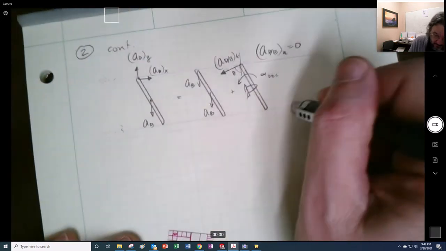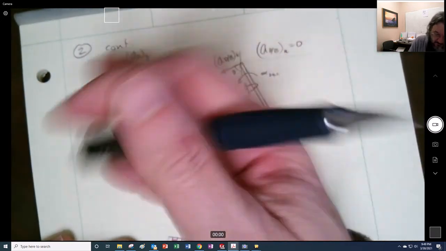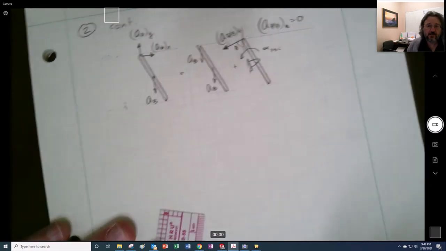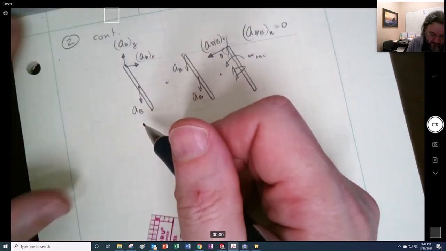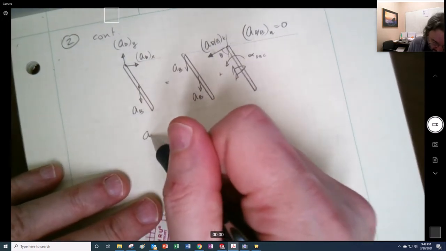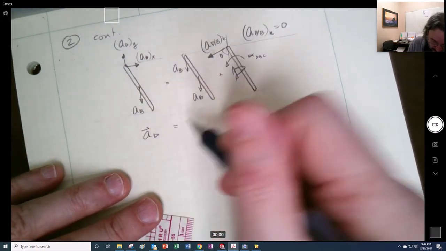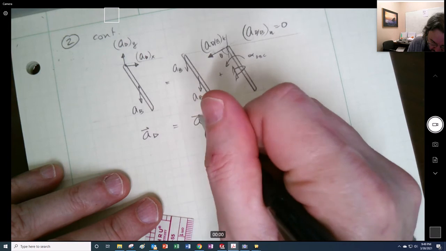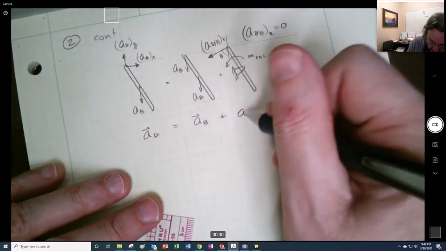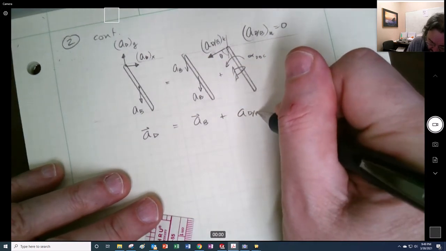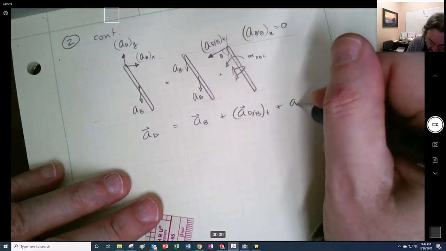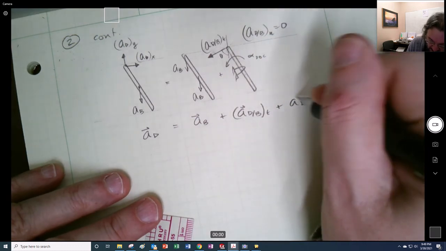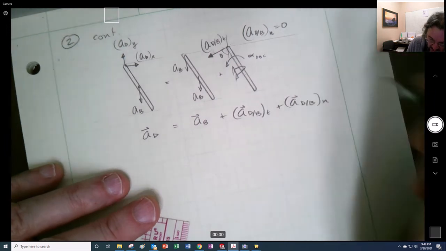And let's see what else happens here. Okay, so I'm going to write my main equation here. D with respect to B tangential plus D with respect to B normal.